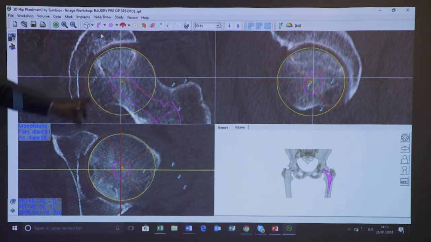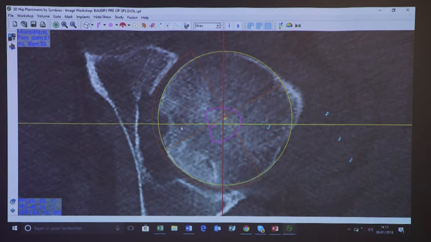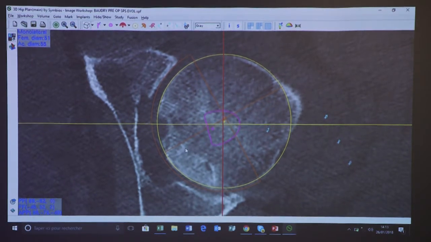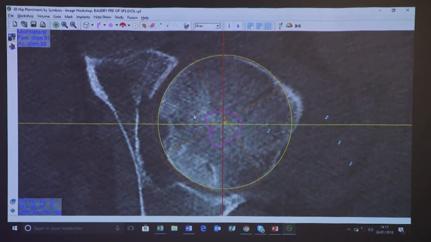With this 3D template, you can see here that we can analyze quite accurately the native anteversion of the acetabulum. Okay?